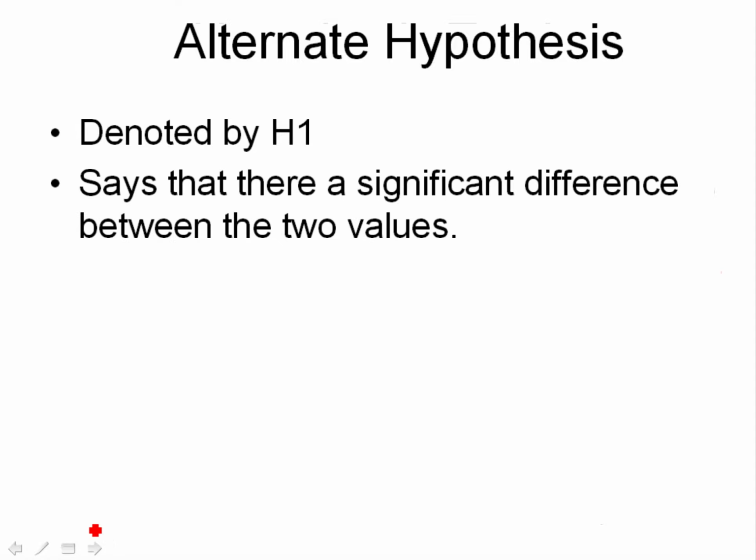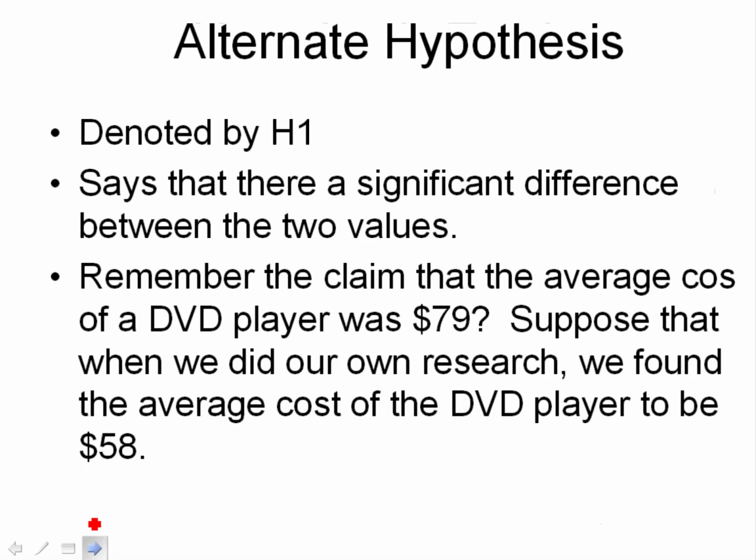All right, the alternate hypothesis is your other hypothesis, denoted by H1. And the alternate hypothesis says that there is a significant difference between the two values. So it basically says that the population mean and the sample mean are significantly different. So going back to our DVD example, the claim, remember, was that the average cost of the DVD player was $79.